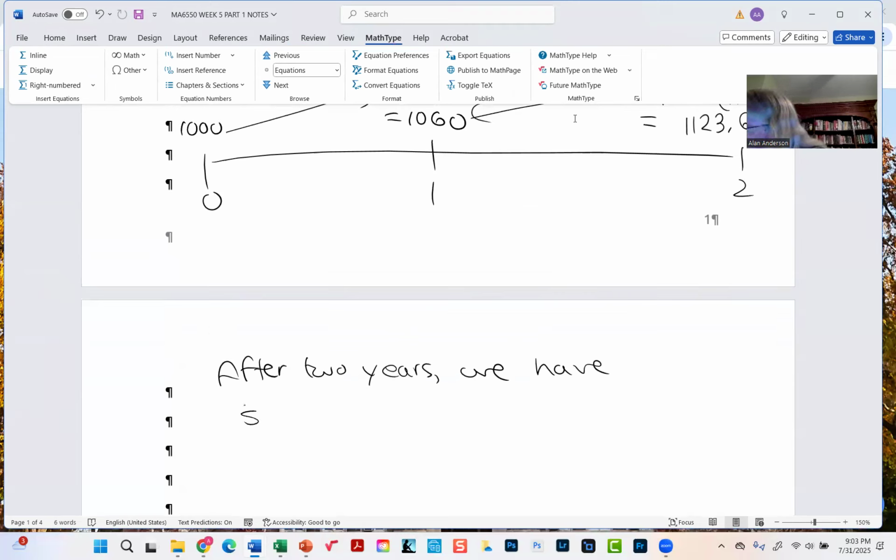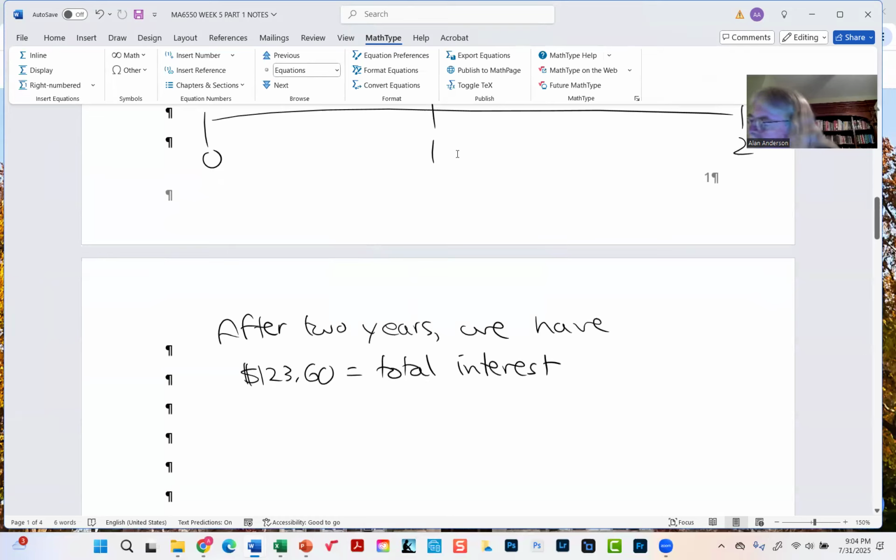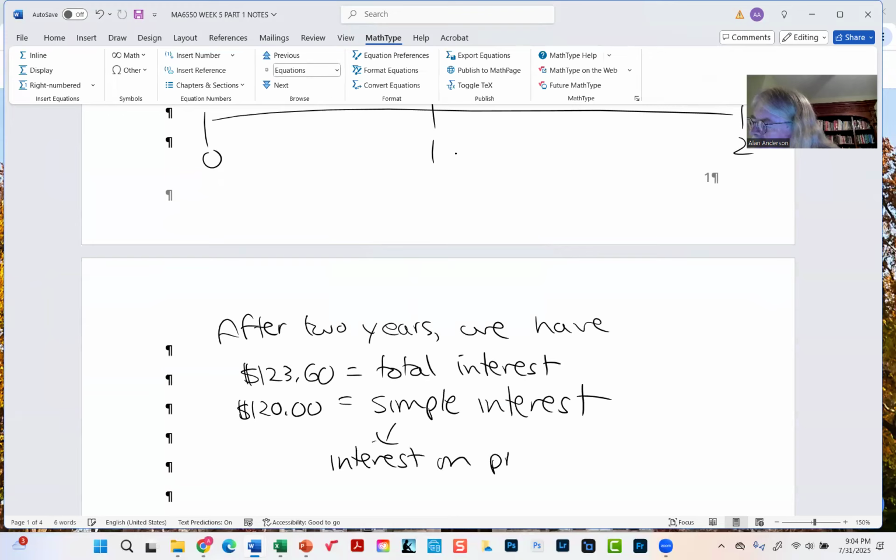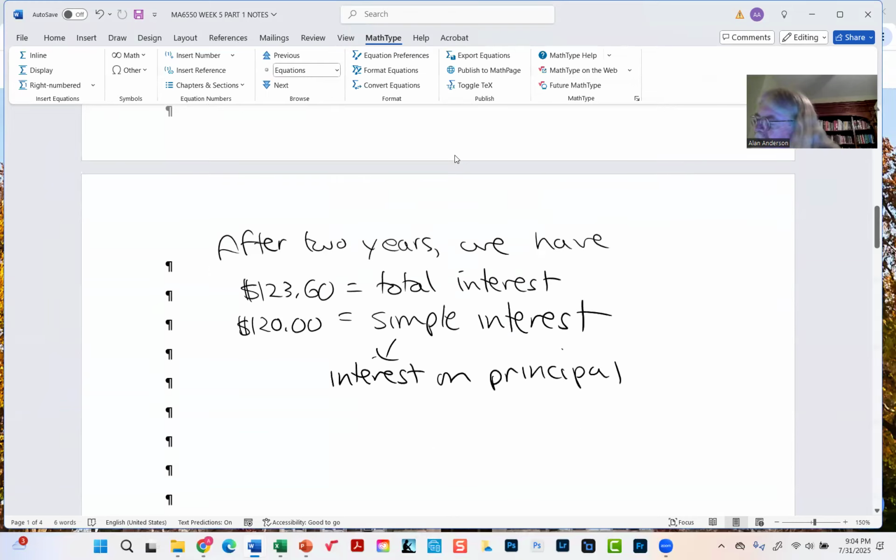So we must have 123.60, which we'll call total interest. Now, of this, $120 is referred to as simple interest. Now, that means interest on the original principal that we deposited. And you can multiply that out. You can just notice that it's the principal times the rate times the time.